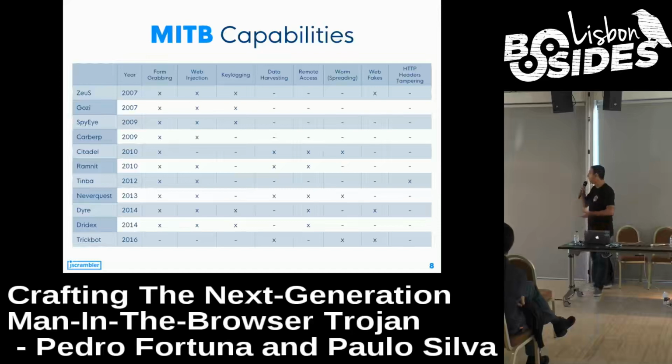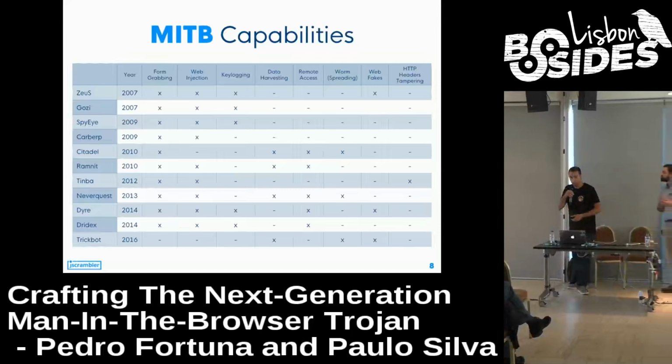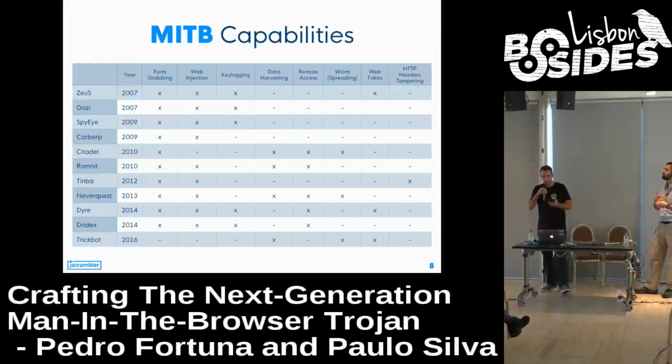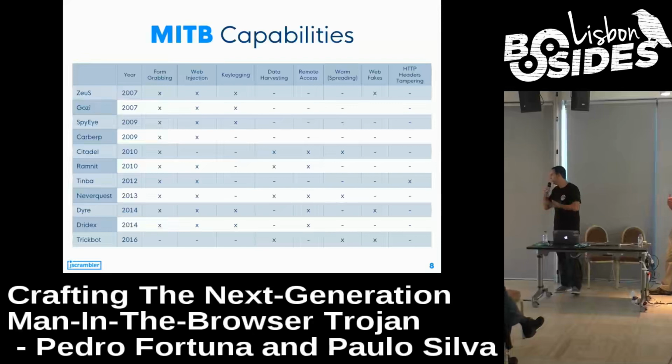But we don't have time to cover all the man-in-the-browser Trojans, so this table includes some of the most well-known ones and their capabilities. From left to right, you can see that they are able to do form grabbing. They can collect data in any form. And they can do web injects that I already mentioned.